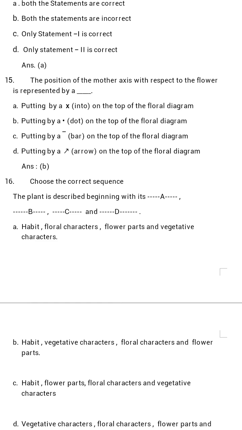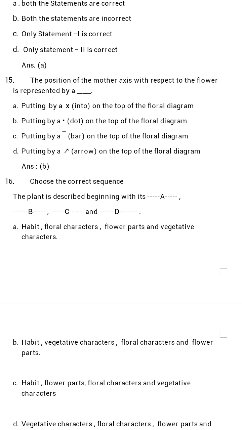Next, the 15th. The position of the mother axis with respect to the flower is represented by. Option A. Putting an A symbol on the top of the floral diagram. Option B. Putting a dot on the top of the floral diagram. Option C. Putting a bar on the top of the floral diagram.